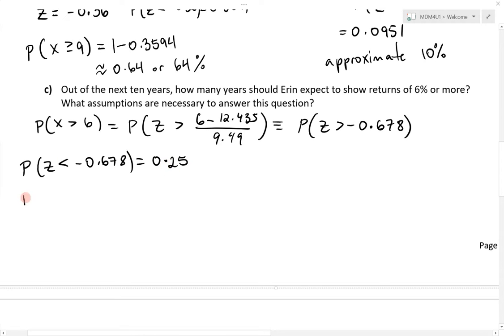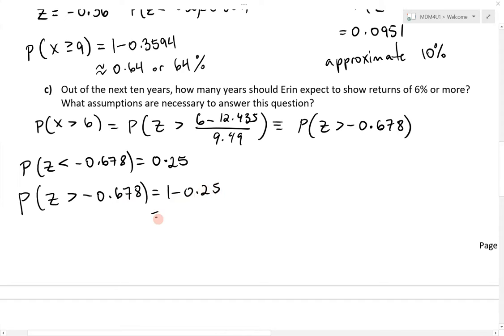And so the probability that z is greater than negative 0.678 would then be, by the indirect method, 1 minus 0.25, which is equal to 0.75. So what does that mean?